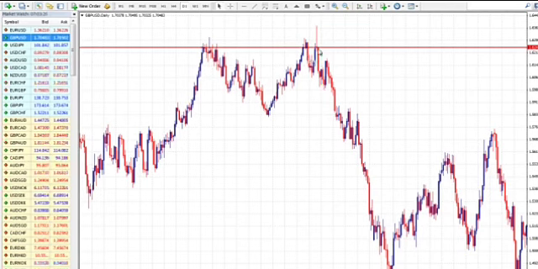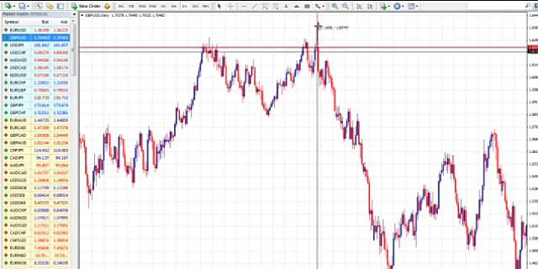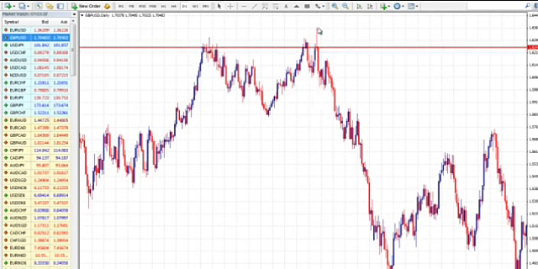And like here, right here, we have this long wicked candle, 156 pip candle with a very small body that signals rejection. And right now we are using this level of resistance as a trading level because we can short this currency pair with it.